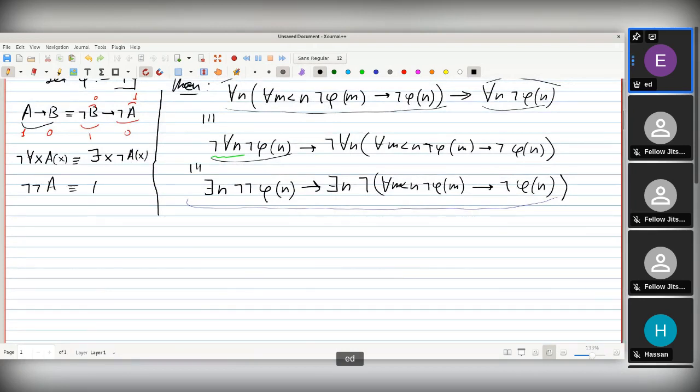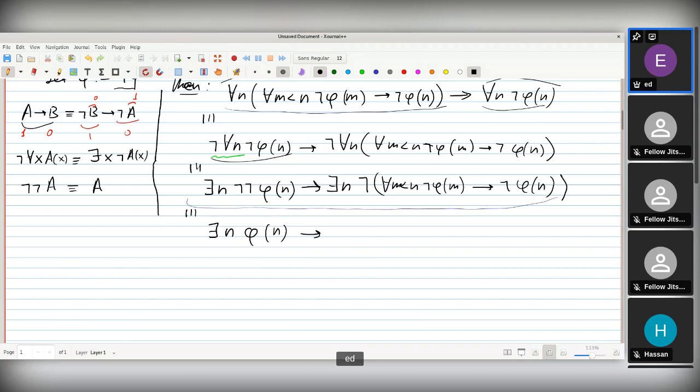Double negation can be cancelled. Do you agree? Not A is logically equivalent to A. Ladies and gentlemen, isn't it obvious? So here I have, there exists n which satisfies phi.